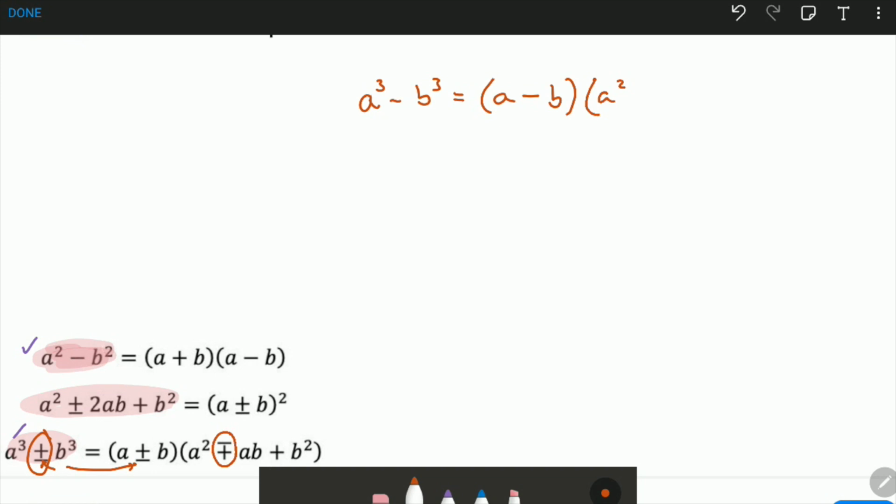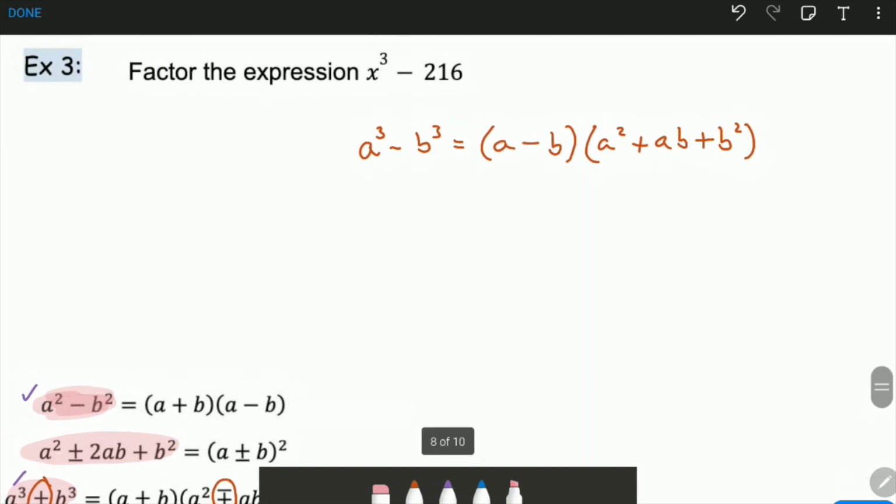That indicates whatever sign we originally have, it's going to flip to the opposite. Our original problem has a minus sign, so we flip it to the plus sign. And then we have the ab, and the last sign is always a plus. So that's the variation of this formula that we're going to be looking at.